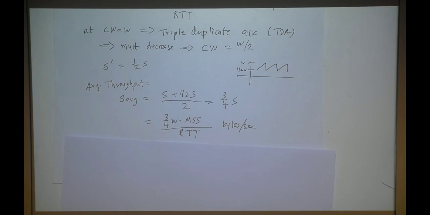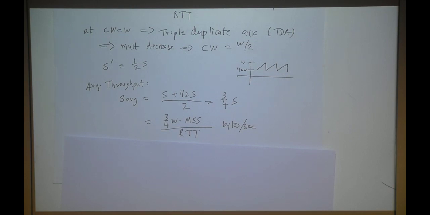It's not taking into account the actual effect of the retransmissions, right? If you take that into account, you need to take the loss rate into account, right? Because your retransmissions are going to depend on the loss rate. And it turns out, again, can you guess? How will the throughput depend on the loss rate? As my loss rate goes up, what do you think will happen to the throughput?